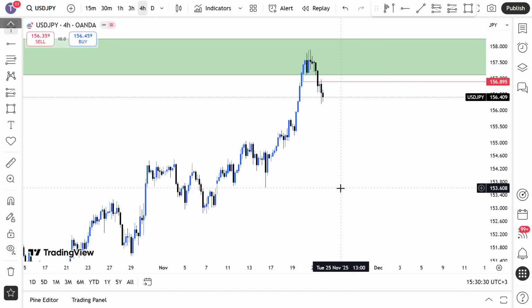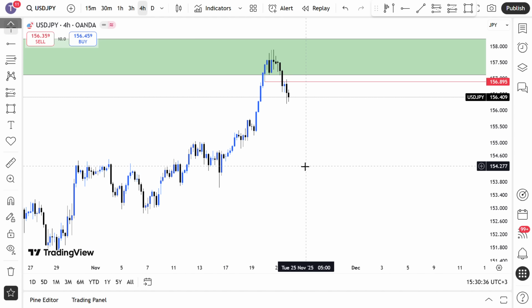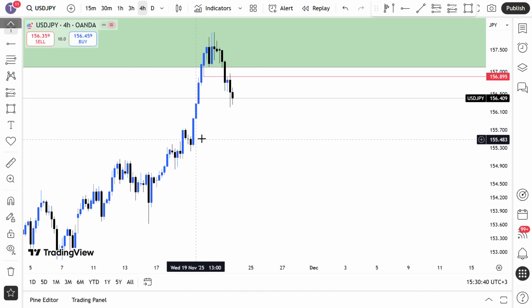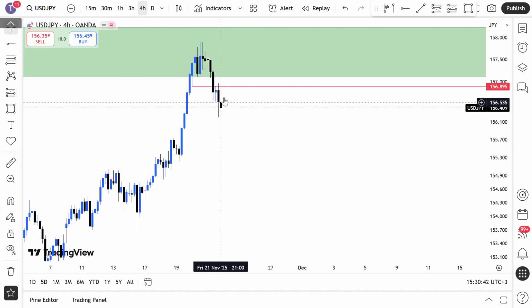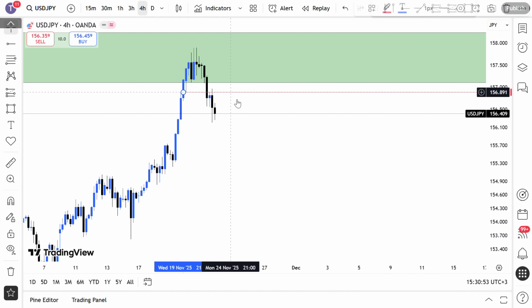On the 4 hour time frame, the valid order block that I'm seeing right now is this one here. You can see this order block here, the 4 hour order block. So before price comes into this 4 hour order block, I want to look for my selling opportunities into this order block. So remember the daily order block that I want to see price coming back into is from this point.